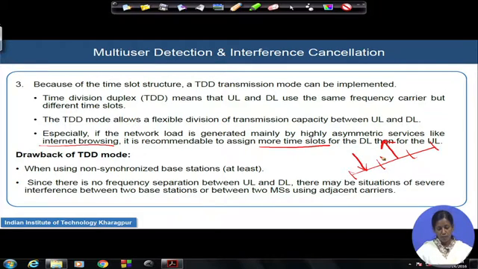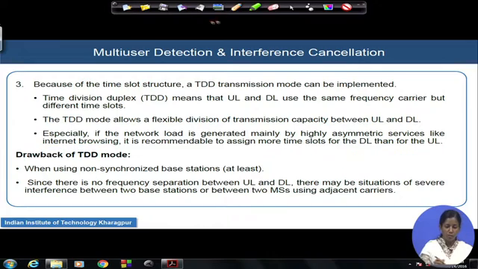But the main drawback of this time division duplexing mode is that there is no synchronization between the base stations. Since there is no frequency separation between the uplink and the downlink, the same frequency is used, only the time is different. If there is no synchronization, it may happen that when the downlink transmission is going on, somebody has started doing the uplink also, and then the downlink signal and uplink signal can create interference to each other.